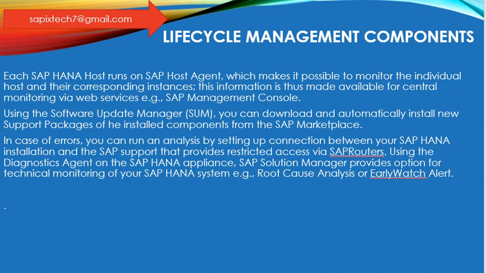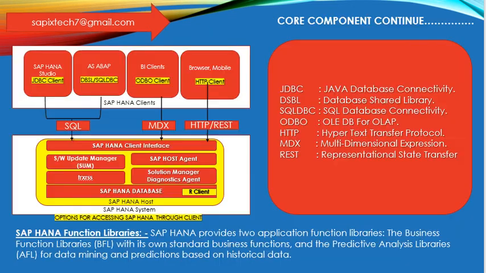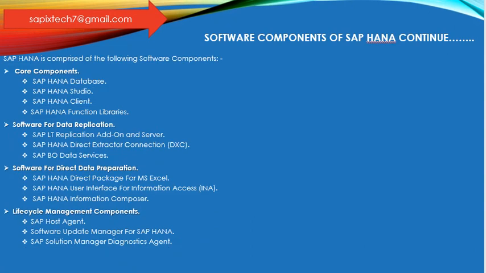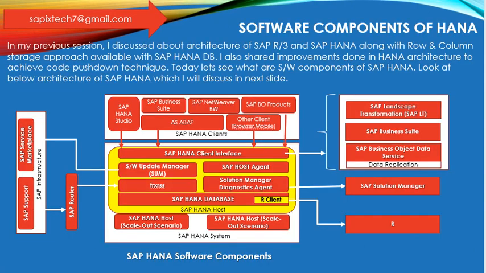Again, this is a basis part, which basis takes care of. But we should know what the life cycle management components are. So instead of reading this, let me show you in the picture. In the first picture, you can see you have SAP Support here, the SAP Marketplace here, and a Solution Manager here.